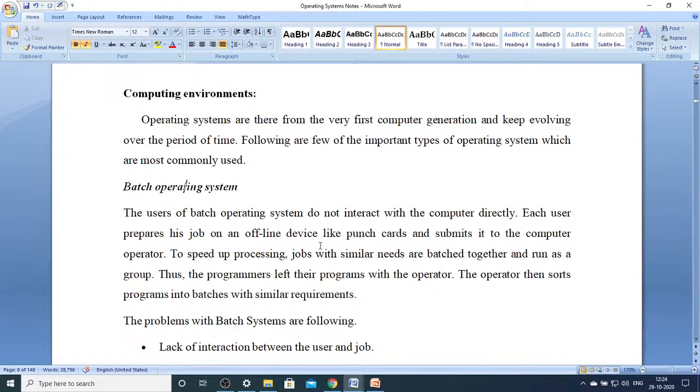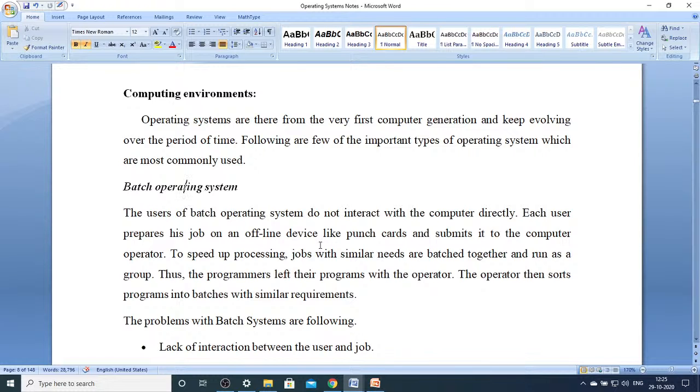So we use a batch operating system, in which we process batch by batch, and each batch can contain n number of jobs. Because if I turn on my system for executing one job at a time, it's not guaranteed that I'm going to get all the jobs at once.